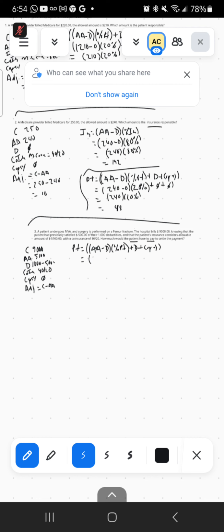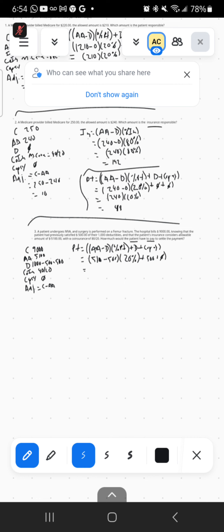The allowed amount 5100 minus deductible. Deductible is $1,000 minus $500 that they have paid, so $500 more. So 5100 minus $500 times the percentage for the patient because it's at 20% for insurance, plus deductible, the 500 that was left over, plus 0 for co-payments.